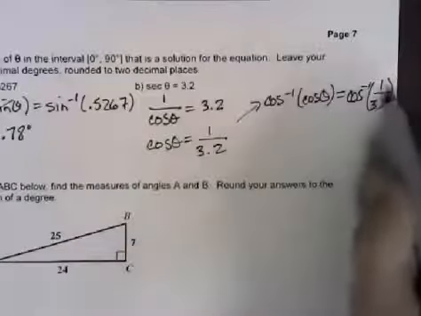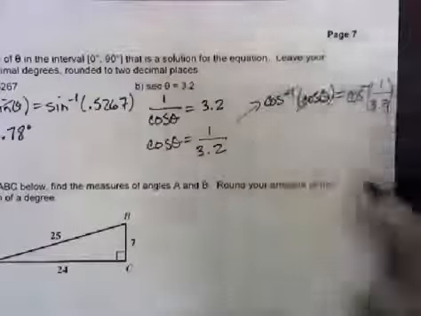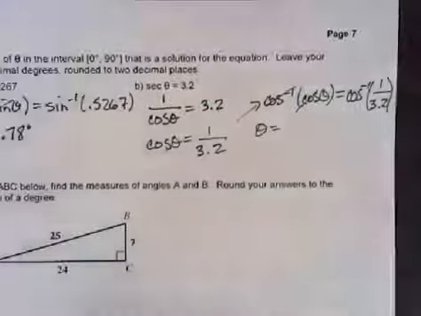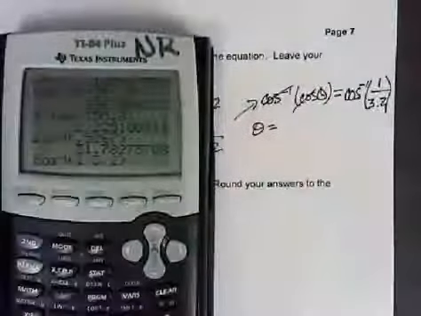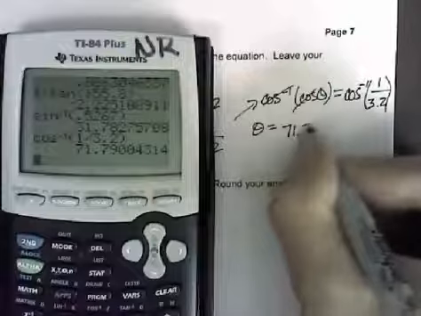Over here I'm doing the inverse cosine of the 1 over 3.2. On this side it cancels out. This is exactly what I'm going to put into my calculator. And that gives me 71.79 degrees for theta.